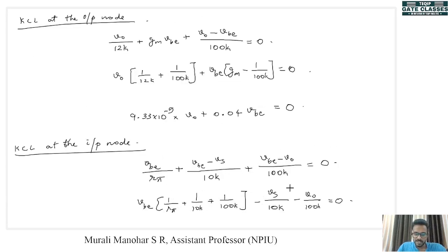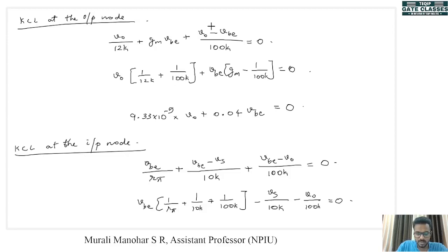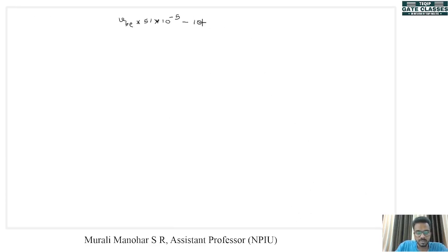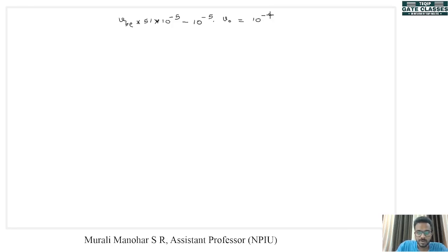If we reduce this equation, it becomes VBE into 51 into 10 to the power minus 5, minus 10 to the power minus 5 into V out, equal to 10 to the power minus 4 into Vs, taking Vs by 10k on the right side.